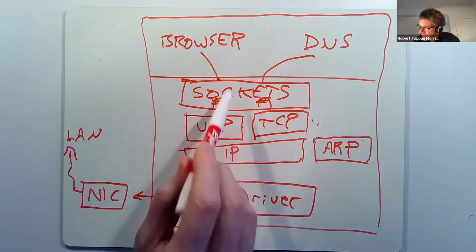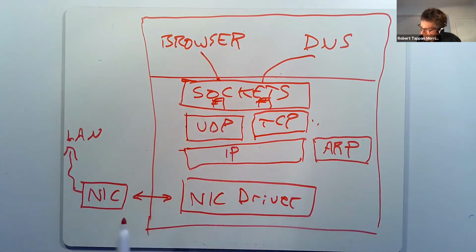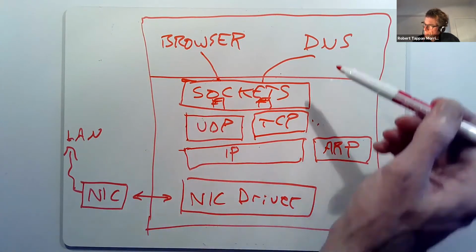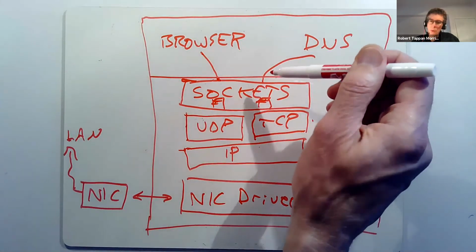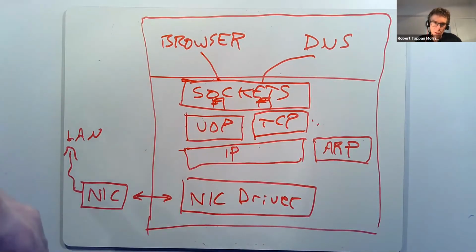UDP will figure out what file descriptor to queue the data on and add it to that queue. So packets come in and are parsed, and headers are stripped on the way up. And when an application sends a packet, the reverse thing happens. As the packet moves down through the layers, more and more headers are added on until you get to the bottom layer, and then the packet's handed to the NIC for transmission.